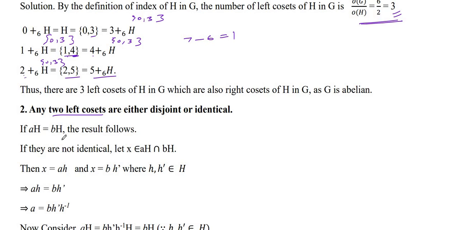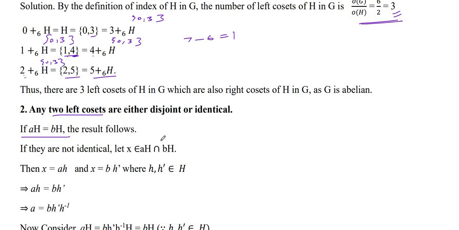But independently, if you want to prove that 2 left cosets are either disjoint or identical, how to prove it? Suppose they are identical, then the result is true. Suppose they are not identical, then we have to show that they are disjoint.